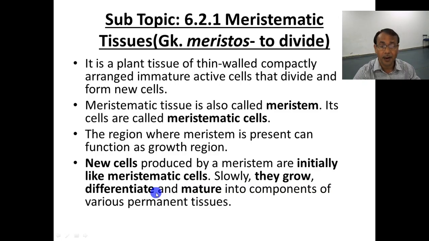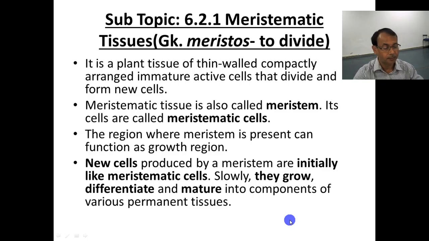Differentiate means they will modify themselves and finally mature into components of various permanent tissues. That means the meristematic cells, after they are formed, will grow in terms of size. They will differentiate, that means they will modify, and finally they get matured into various components or various parts of permanent tissues. That is all about the meristematic tissues in brief. I have told you about the characters till now.